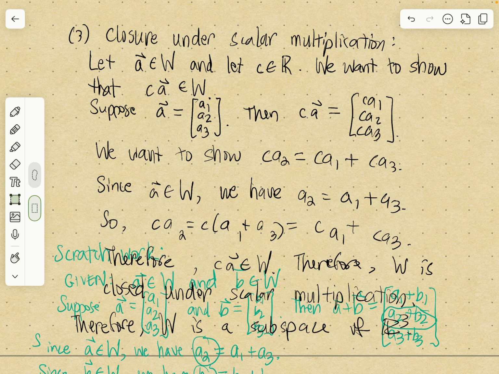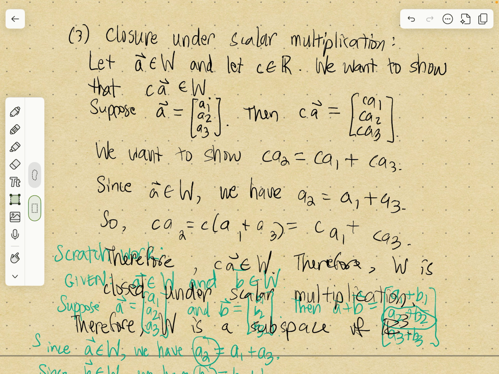Can you make it less written out in complete detail? Yes, there are ways to do that, but I think that for starting out, showing that something is a subspace, you want to see what a complete proof with all the details looks like first, and then once you understand that, then we can discuss, okay, can we cut down some of the sentences and make it a bit shorter while still showing all the important steps.